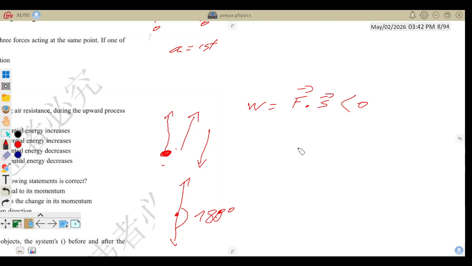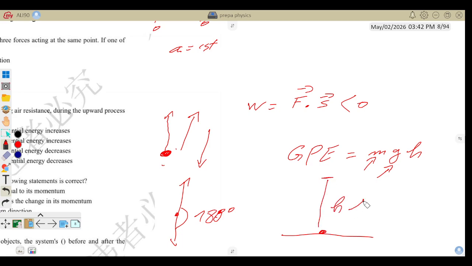Now let's get back to the potential energy. What is the gravitational potential energy? By definition, we have mgh. Let's assume that g is not changing and m is not changing. What changes here is h, the altitude from the ground to a certain height. The h is increasing, which directly makes the GPE increase.